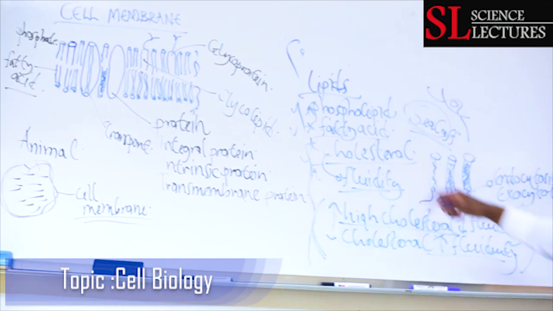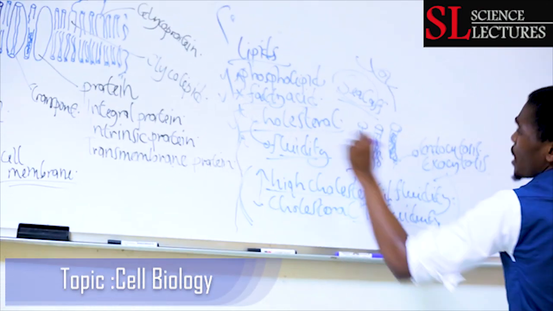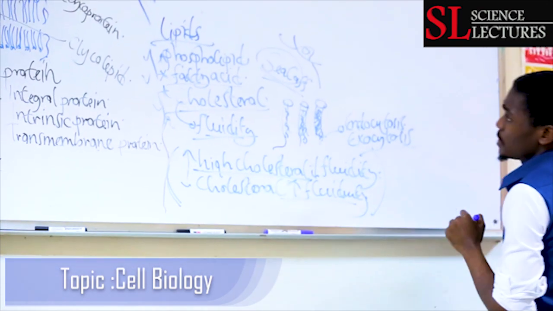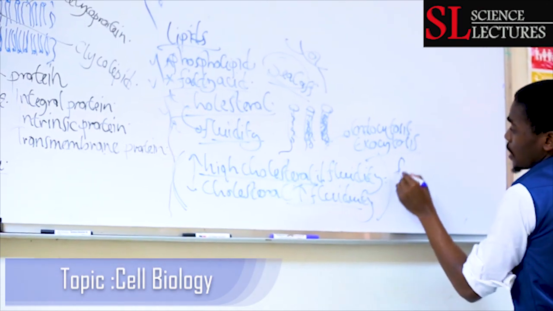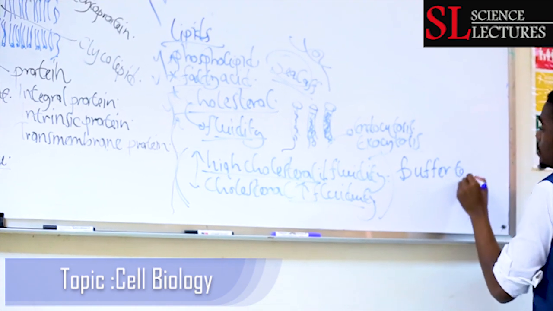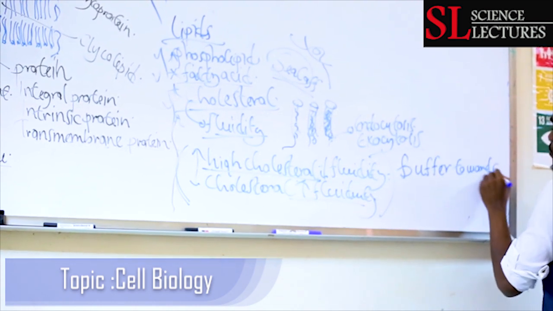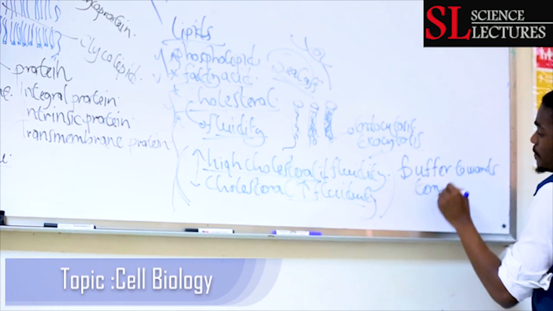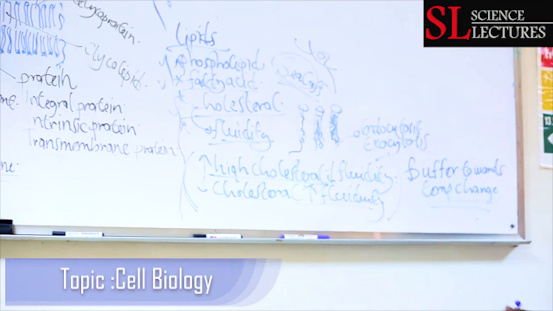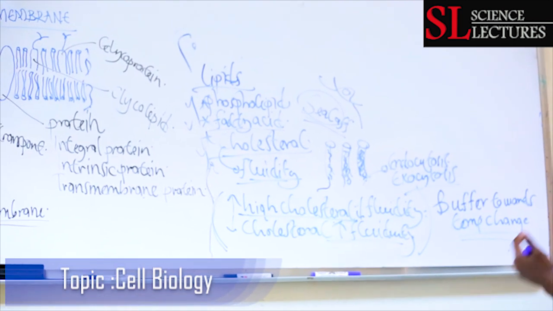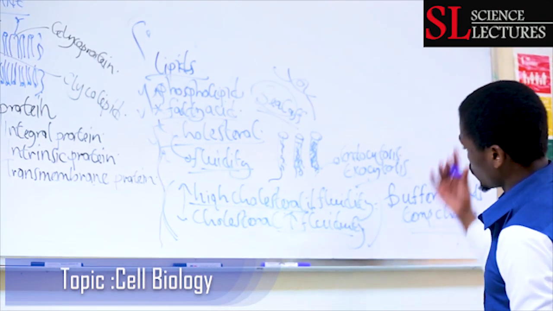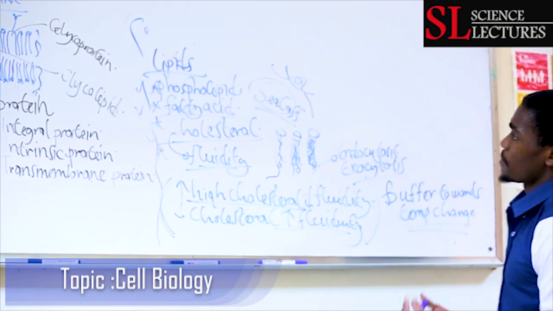But again, this cholesterol can work as a buffer towards temperature change. So it buffers changes in temperature, because if the temperatures are too high or too low, the membrane might freeze.